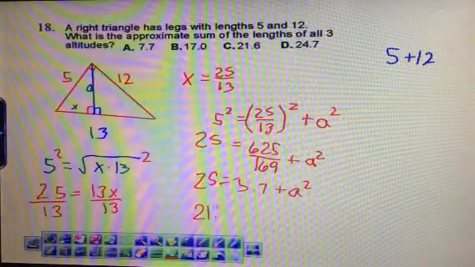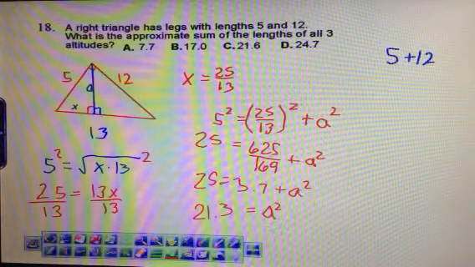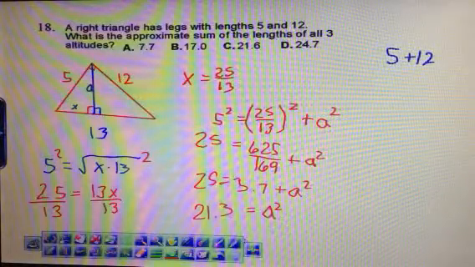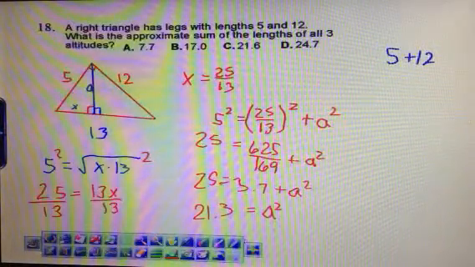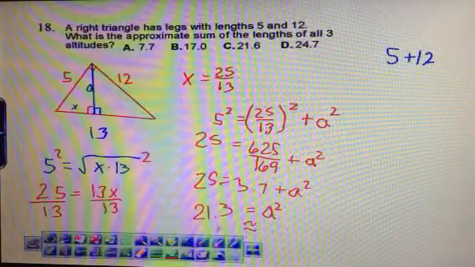But it's approximately 21.3 equal to a squared, and then we'll square root both sides. We get approximately 4.6.